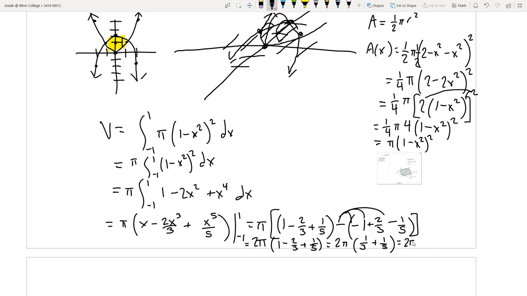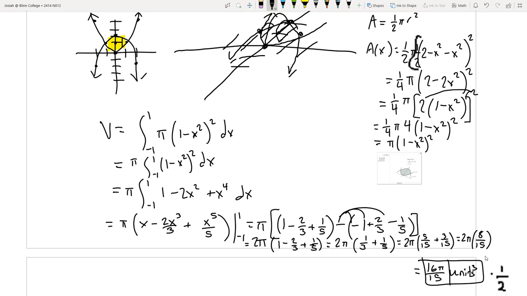That's 2 pi times 5/15 plus 3/15. That's 2 pi times 8/15, which ends me up with 16 pi over 15. And this is a volume, so it should be cubic units. Again, I'm not really going to be picky about you putting units on there, unless it's a word problem or something where we have a particular type of unit.